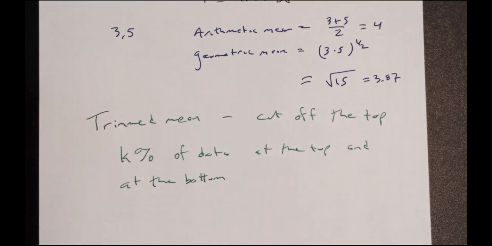Now, I didn't actually pick a number, but if you were to say a 5% trim, then you'd want to trim away 5% of the data. But what I've written is I want you to trim away 5% at the top and 5% at the bottom, which means my total trim is 10%.